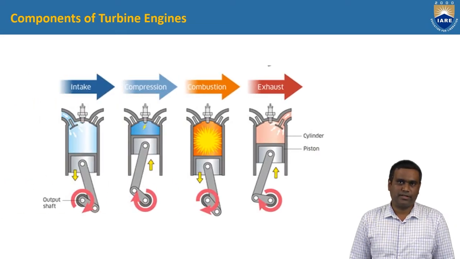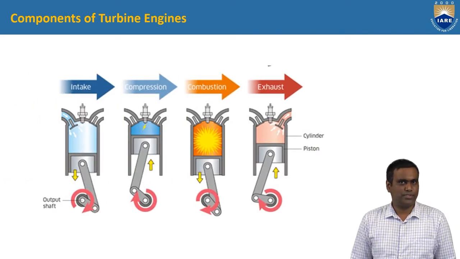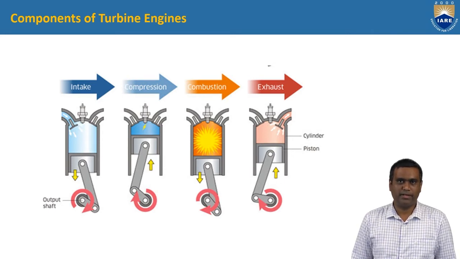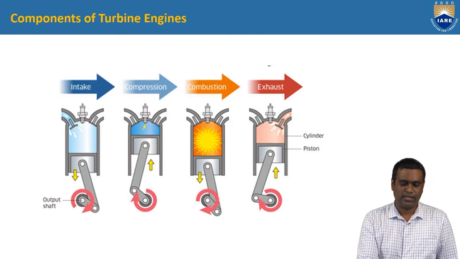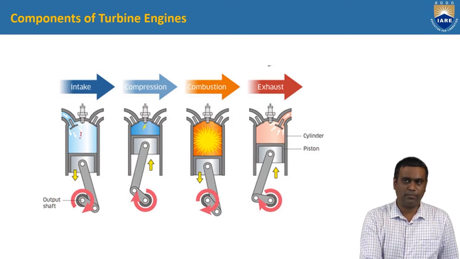If you consider internal combustion piston engine, these are the four processes of one cycle, that is intake, compression, combustion, exhaust. All this process would take place in one place, that is inside the piston cylinder.